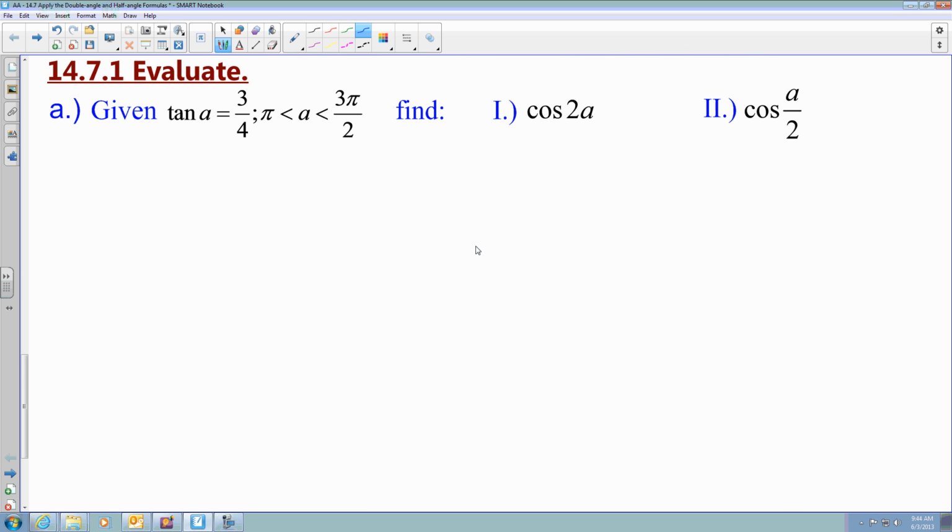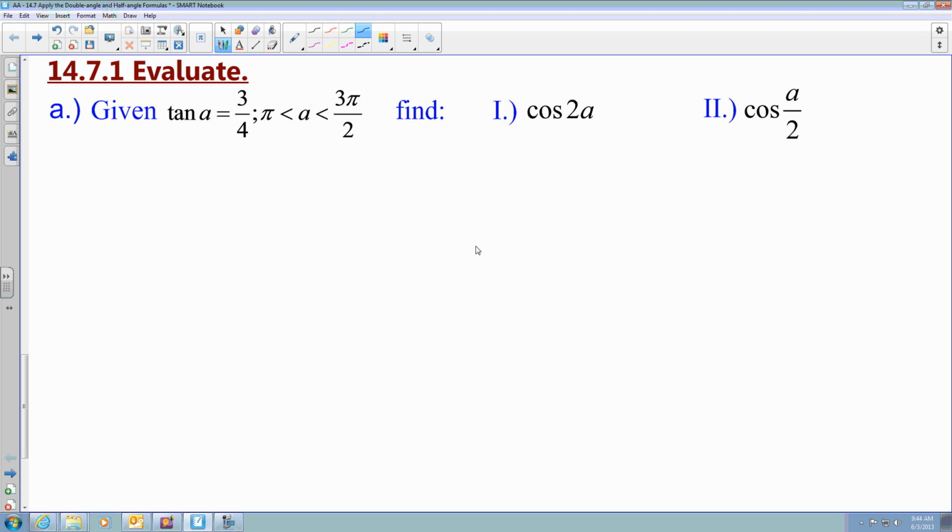The next thing on my directions, they want us to find the cosine of 2a, and they also want us to find the cosine of a over 2. What they give us is tan a equals 3/4, and a is in between pi and 3 pi over 2.